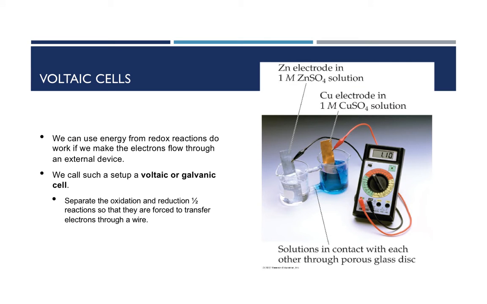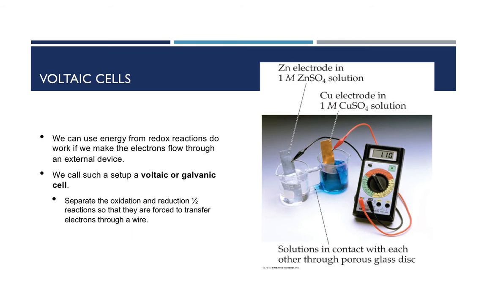Up to this point, we've been talking primarily about redox reactions and transferring electrons. In a redox, one thing gains electrons and one thing loses electrons, so there is a transfer of electrons. That means electrons are moving, and whenever you get electrons moving, you can create electricity.